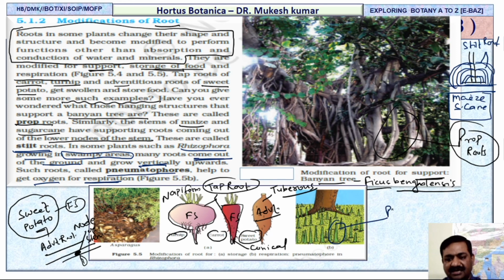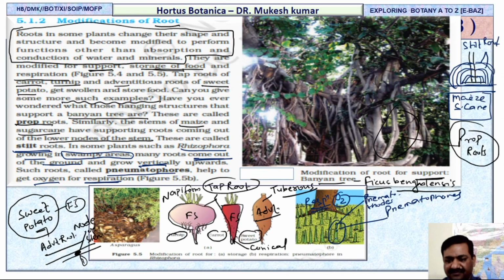These structures are called pneumatophores, and pneumatophores have small pores. These are called aerating pores. Thores means porous structure, and this porous structure helps in the exchange of gases, and that's why it helps in respiration.